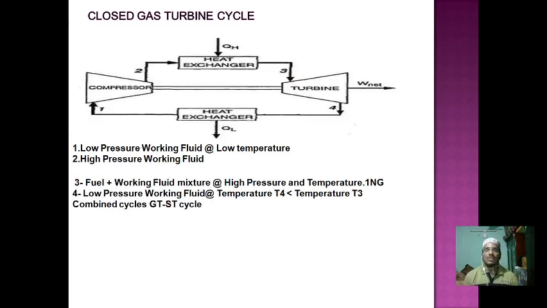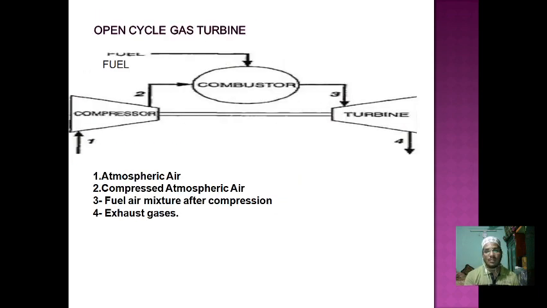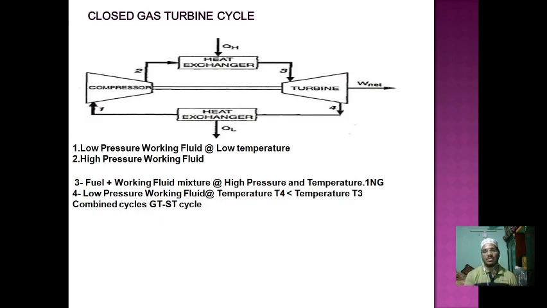This is a closed cycle. In the closed cycle we are using a heat exchanger. In the open cycle there is no heat exchanger. In the closed cycle, the working fluid is at low pressure and low temperature. First we insert air into the compressor at low pressure and low temperature. After compression it becomes high pressure.